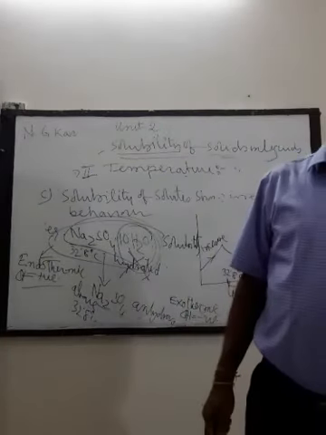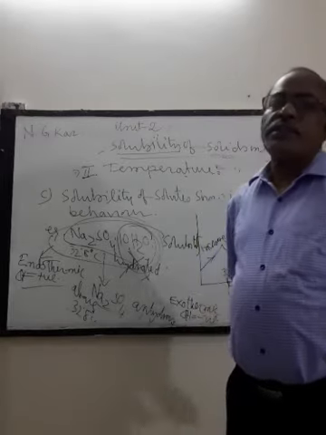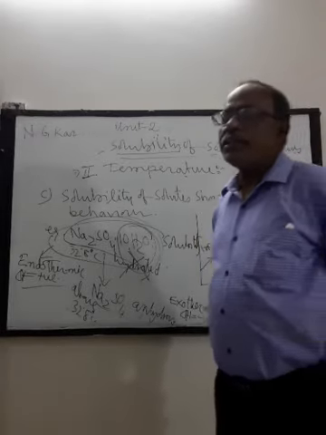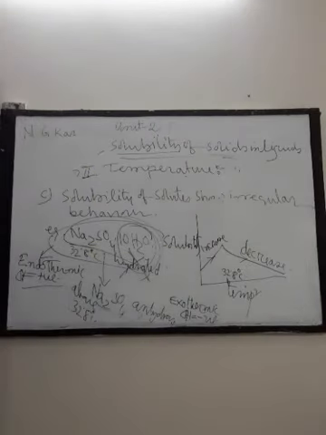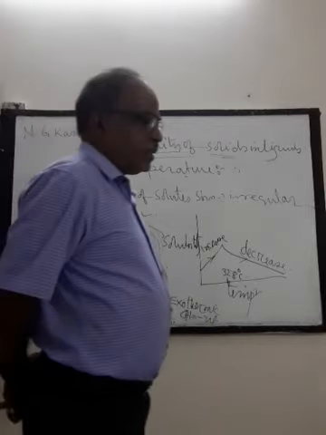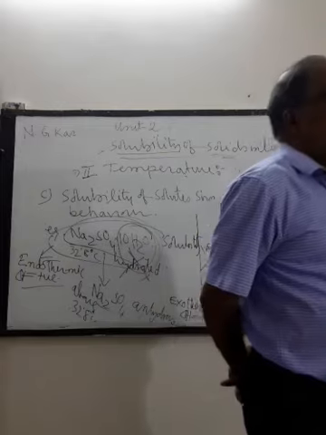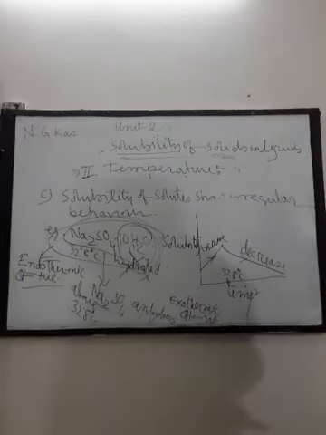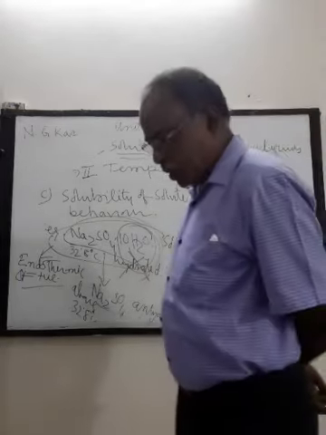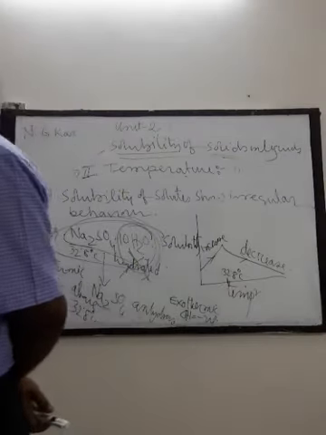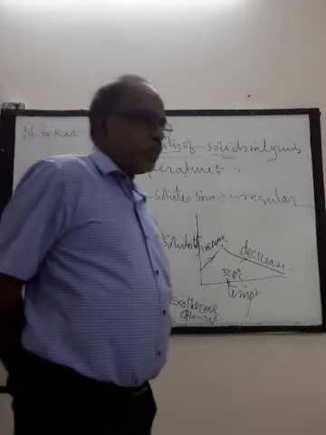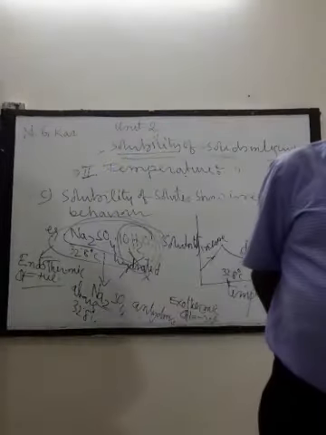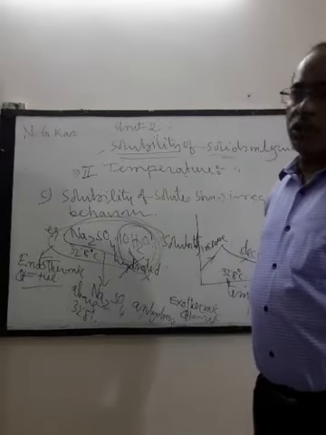For a few solids the dissolution process is exothermic, so as temperature increases, solubility decreases. And for very few solids irregular behavior is observed: up to a certain temperature dissolution is endothermic, so solubility increases, and beyond this temperature dissolution is exothermic, so solubility decreases. So this is all about the temperature effect.